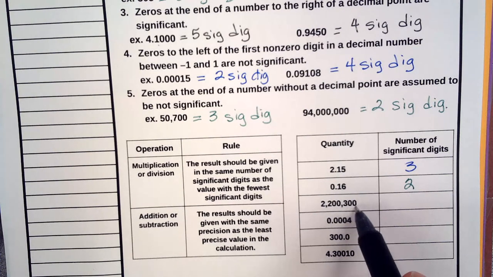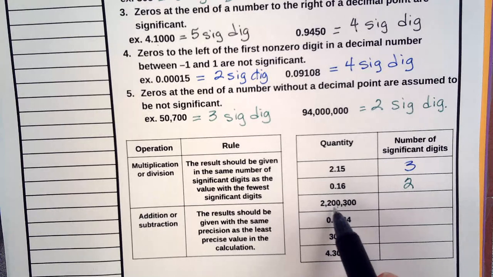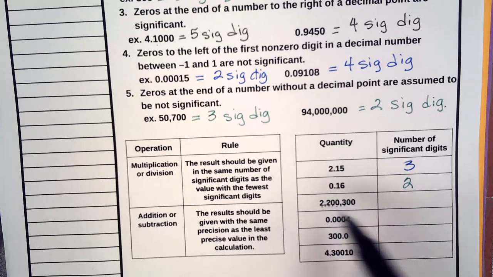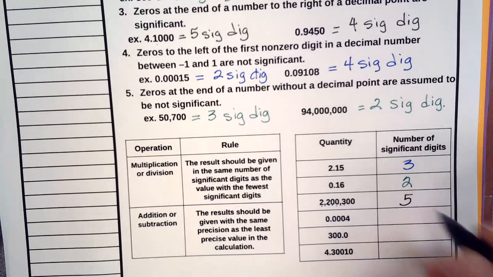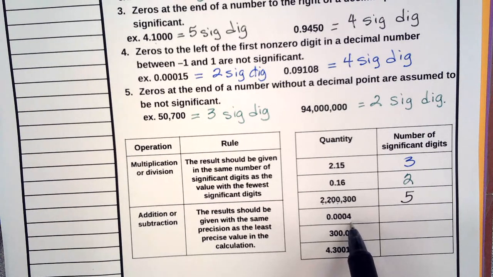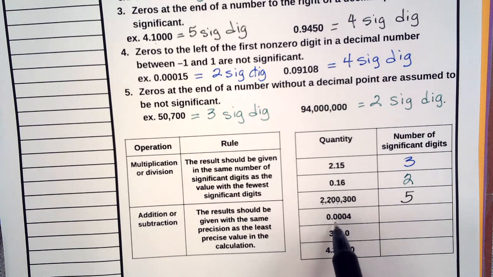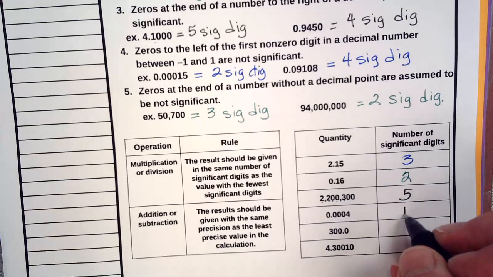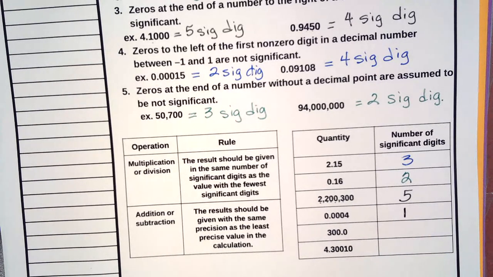They're to the right and not past the decimal point. 1, 2, 3, 4, 5. How many do we have here? We've got 3 zeros that would not be significant. So this simply has one significant digit.